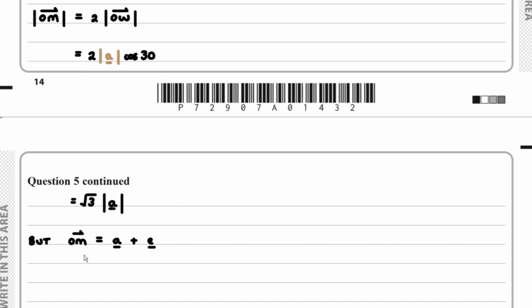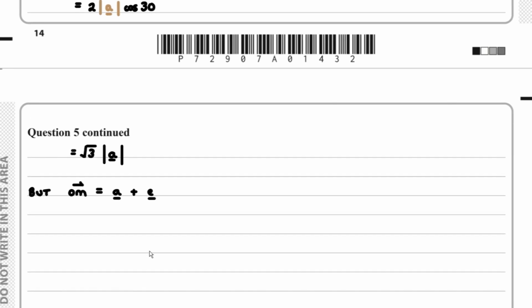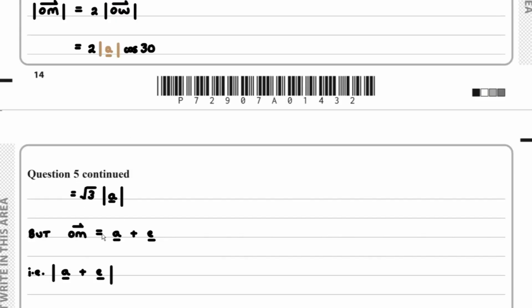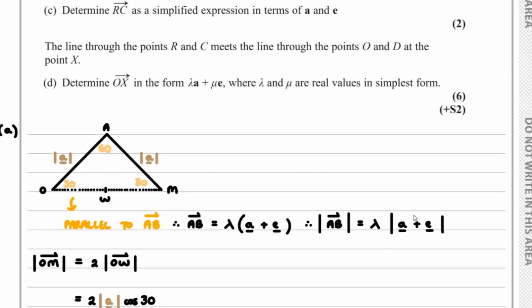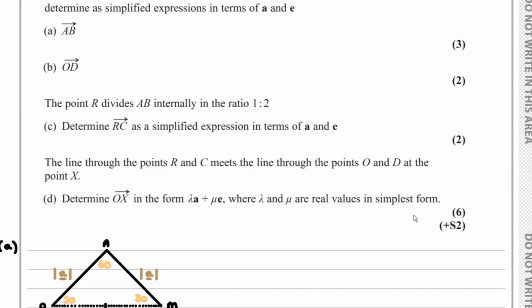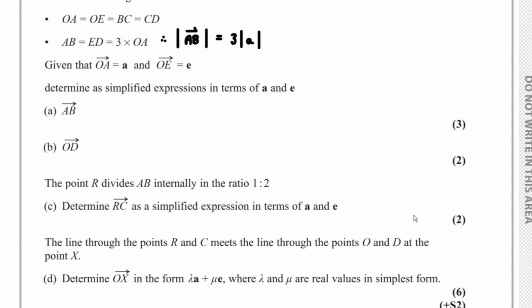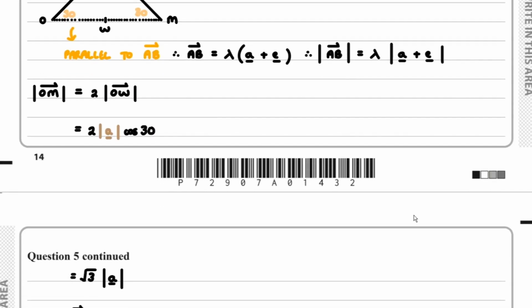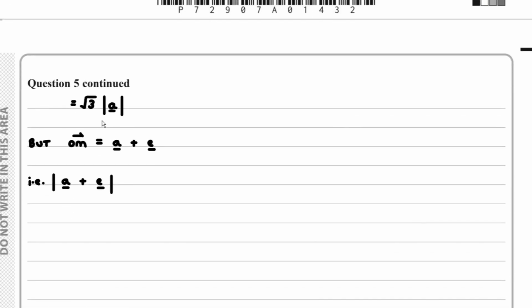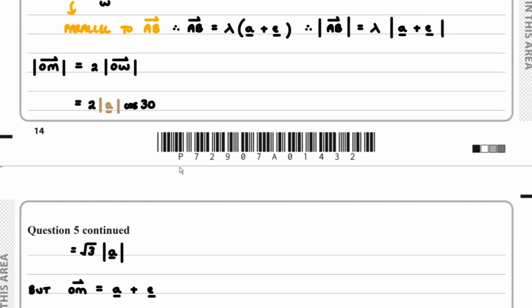And as we've said before, OM is equal to A plus E. So if I take the mod of this, the mod of A plus E will equal root 3A, which is what we found here.